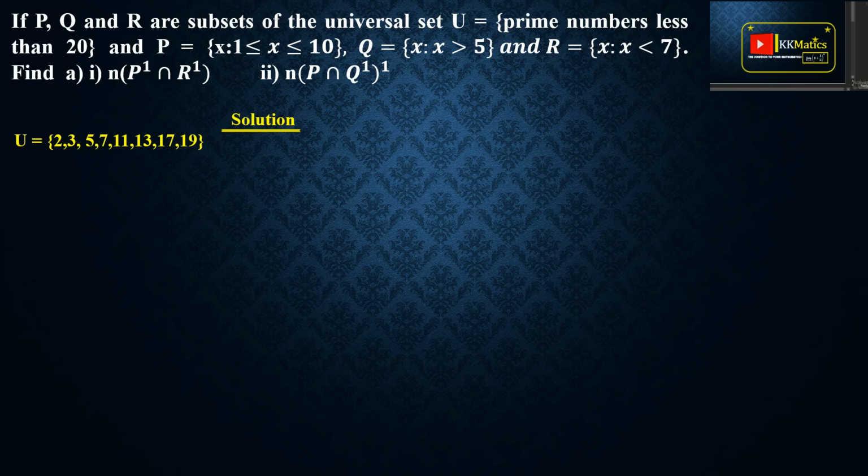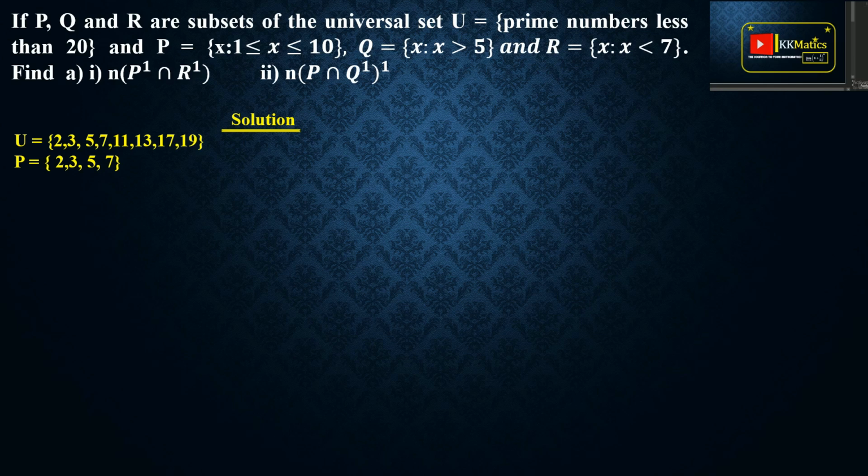The next thing for us is to list the set P, and that's what we've done here. The elements of P are 2. Recall that even though it's said here that P contains the elements where x is greater than or equal to 1 and less than or equal to 10, do remember that earlier statements said these are all subsets of the universal set.